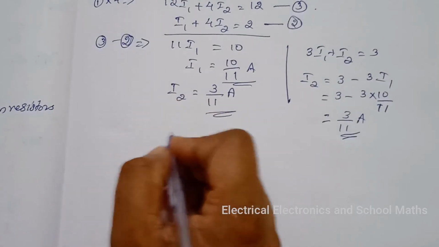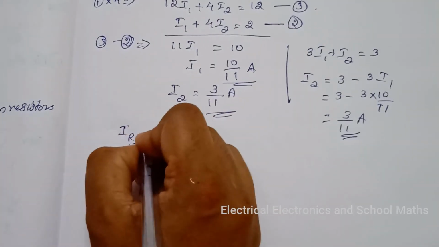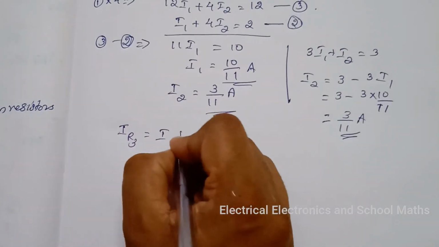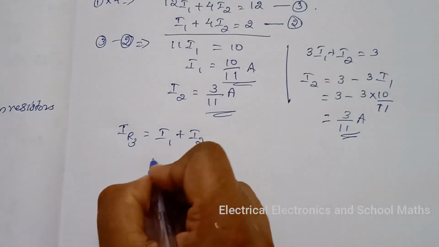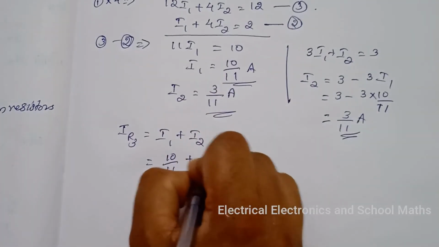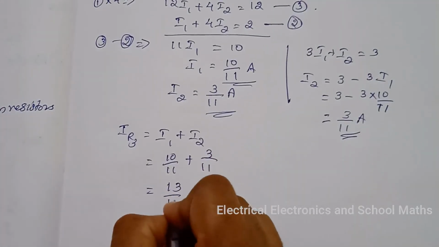Also we have to find the current through resistor R3. The current through resistor R3 is the sum of I1 and I2, that is I1 is 10 by 11 plus 3 by 11 equal to 13 by 11 ampere.